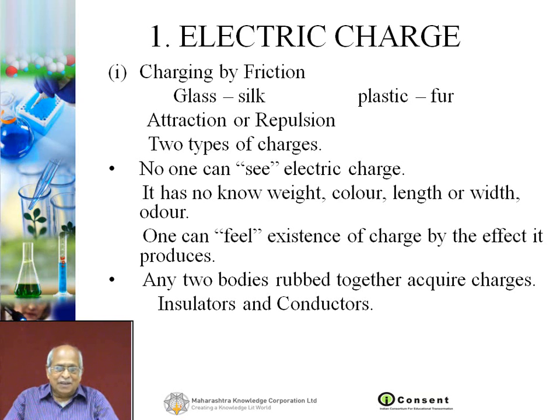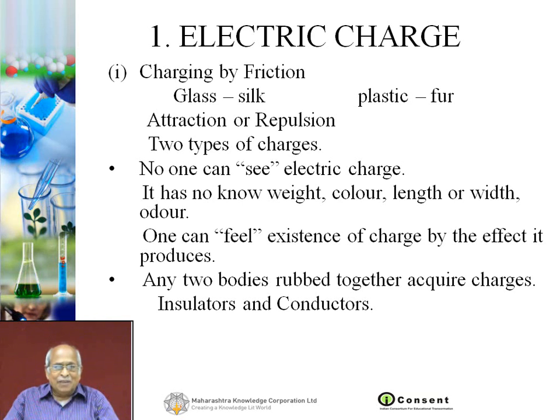As I said, charge can be produced on several bodies by suitable friction. Experiments showed that charge on any body is either similar to charge on the glass rod or similar to charge on the plastic rod or ebonite rod. However, charge on the glass rod and charge on the plastic rod were found to be opposite.